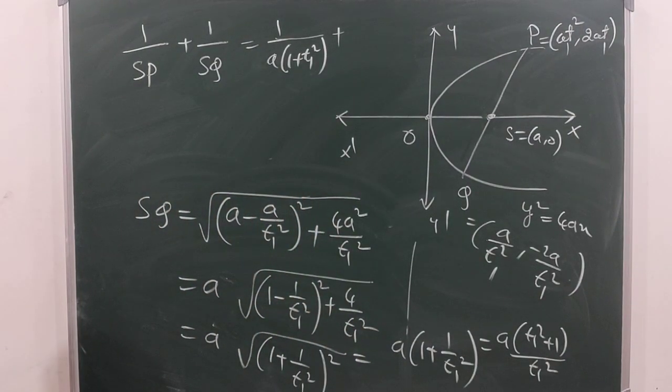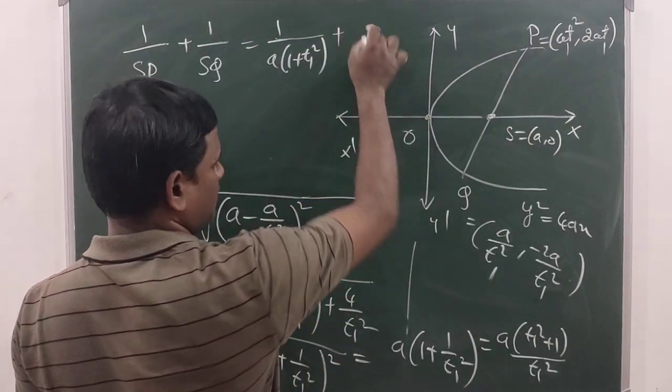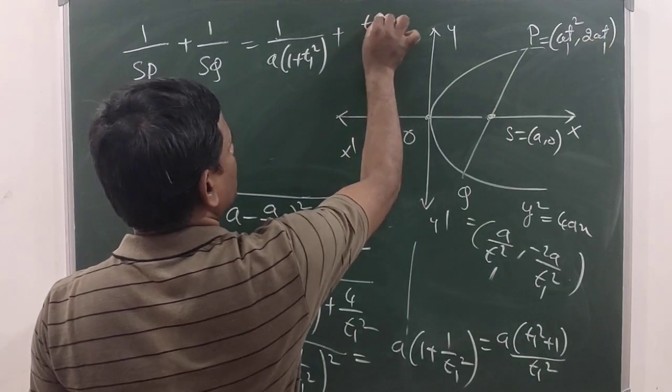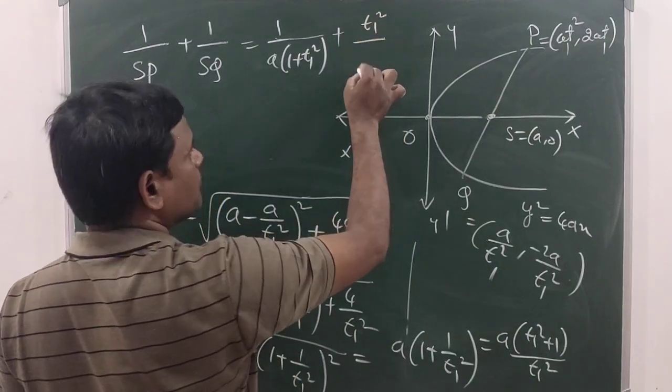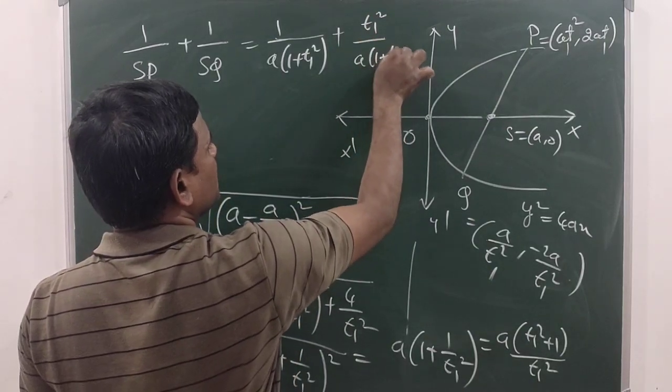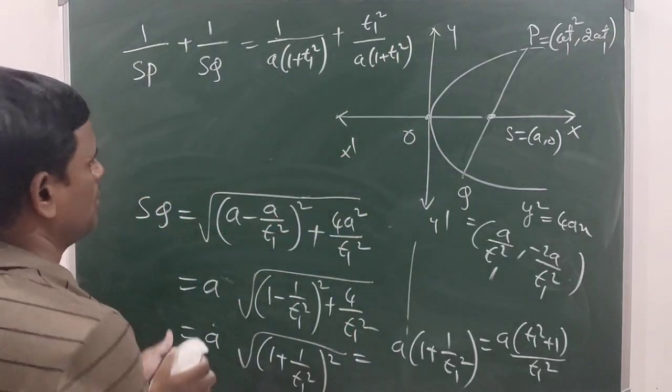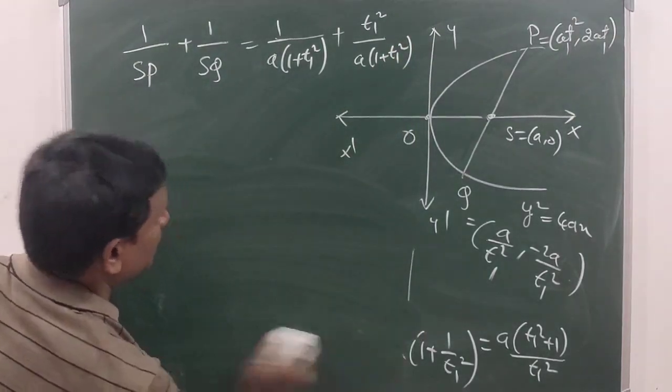Okay. Then what do you get in the next step? Students, observe carefully. A of, when you take reciprocal, T1 square by A of 1 plus T1 square. Right.